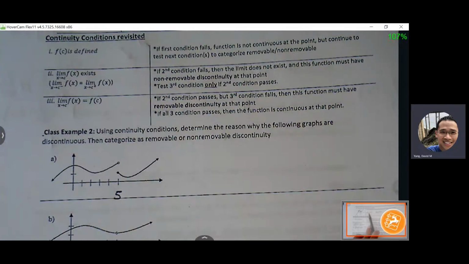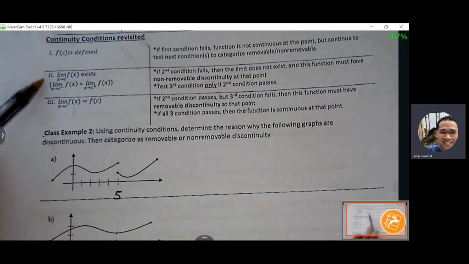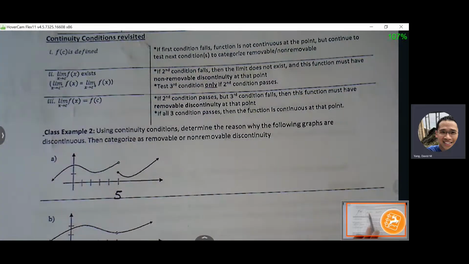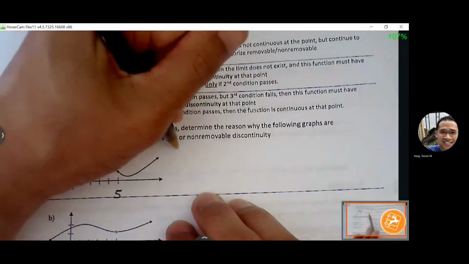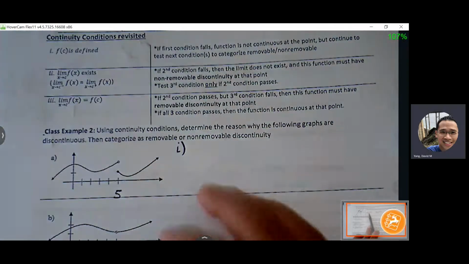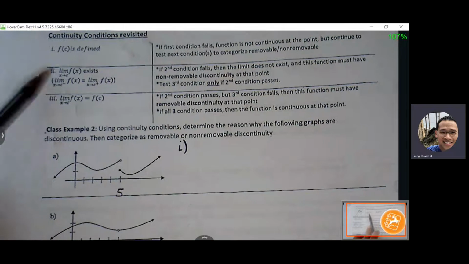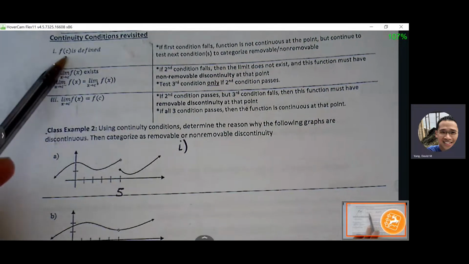We can obviously tell it's not continuous. We can maybe even tell what category we're dealing with, but we're going to practice going through these conditions and spelling it out and justifying it that way. All right, so first condition. Our C value is 5, so we just replace our C with 5.